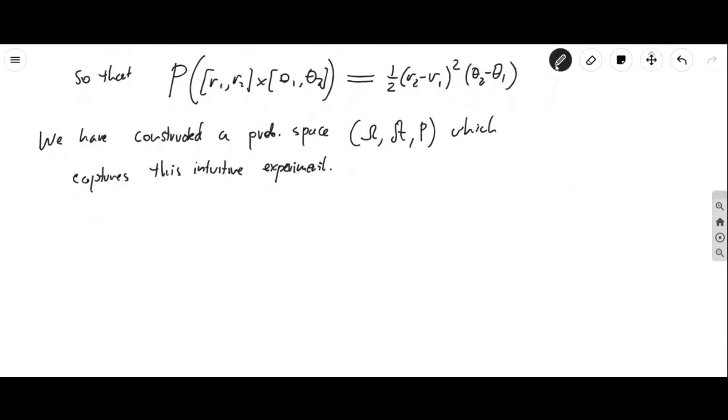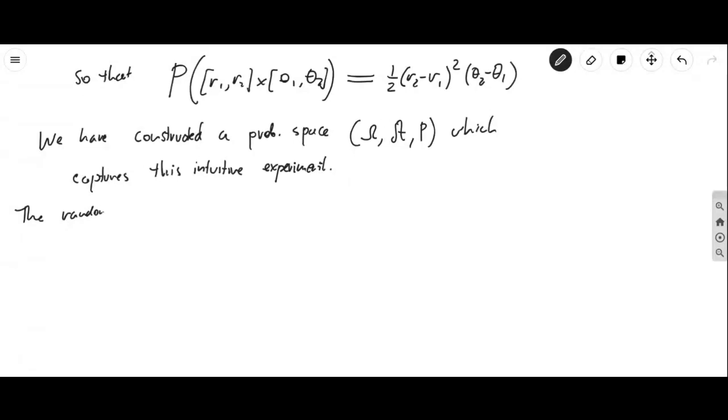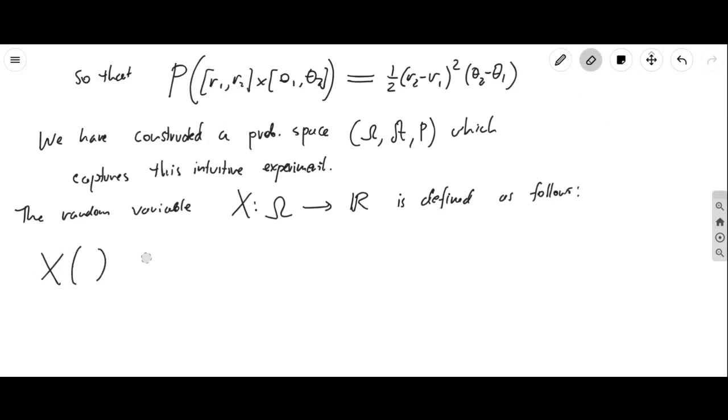And next, what we need is the random variable. The random variable X from the unit disk to the real line is defined as follows. So we have to say what it does to a point in the sample space. And a point in the sample space is given by a complex number of norm 1.